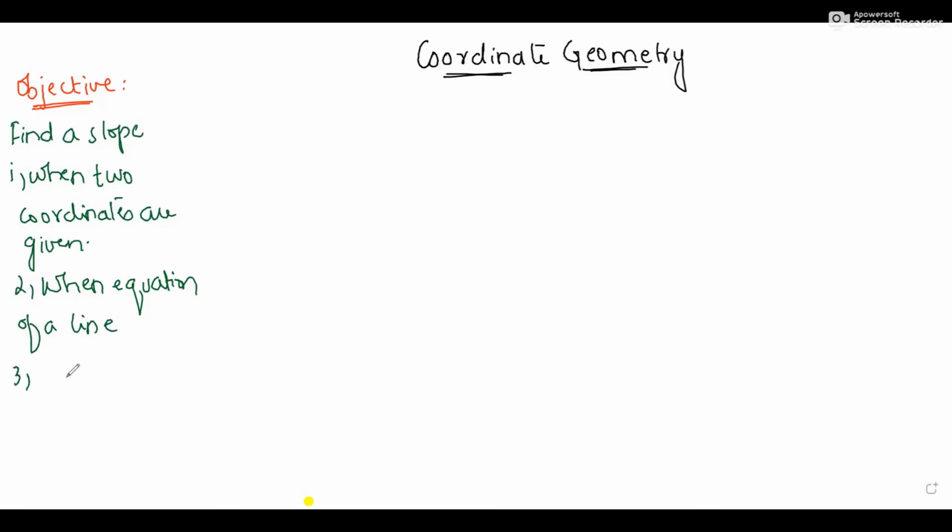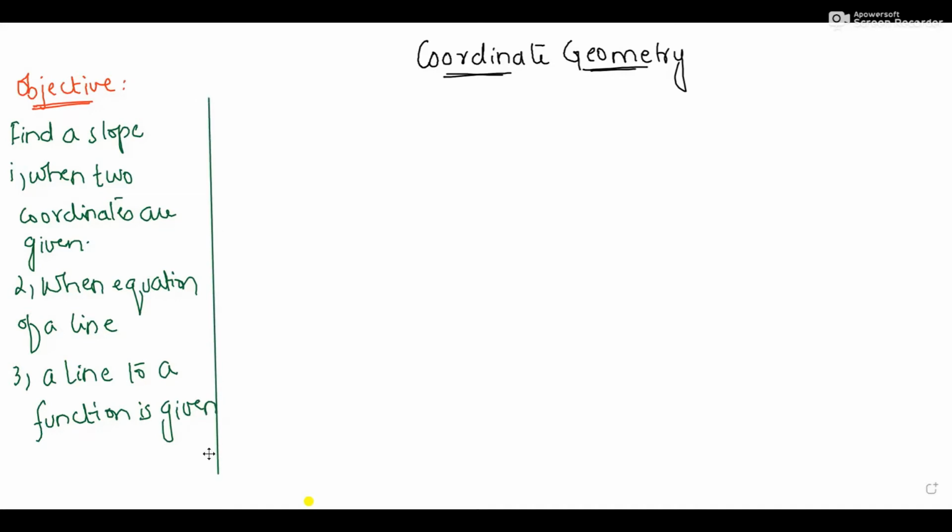Point number three, you have to find a slope when a function, any function, is given. So these are the three conditions which we will discuss in the class, and we will see how we can find out the slope using these different conditions.